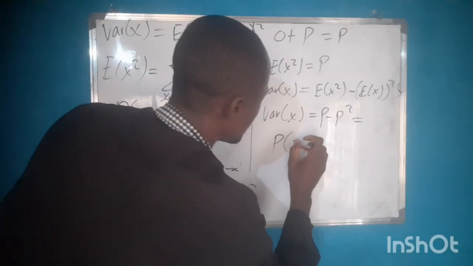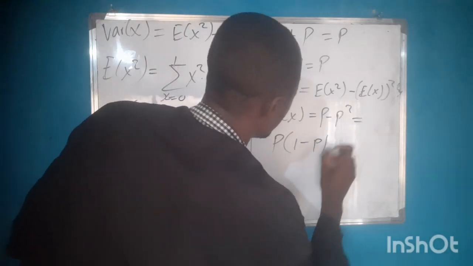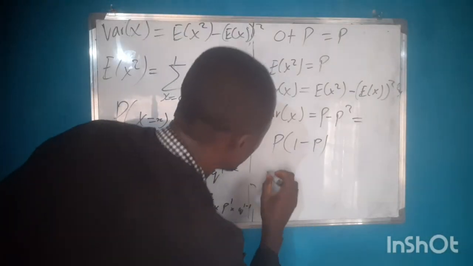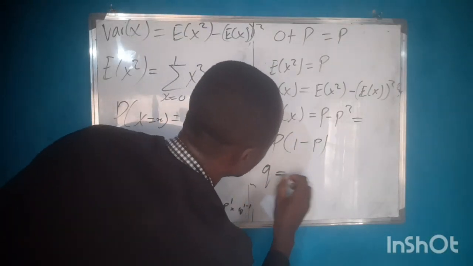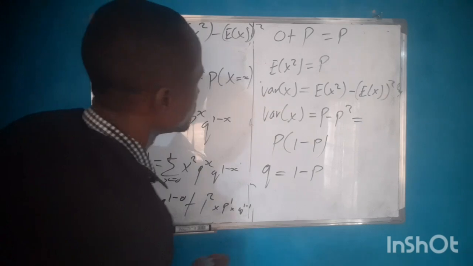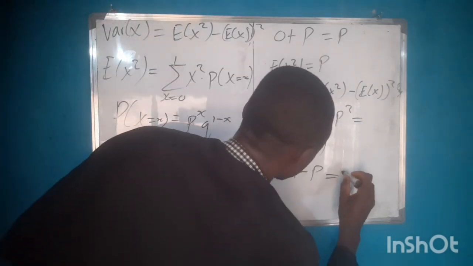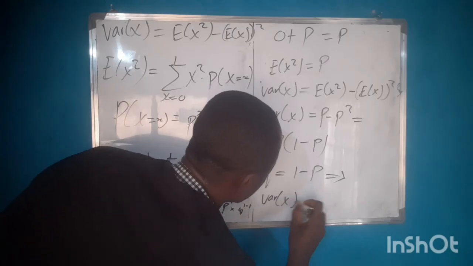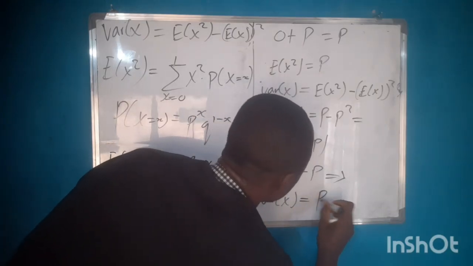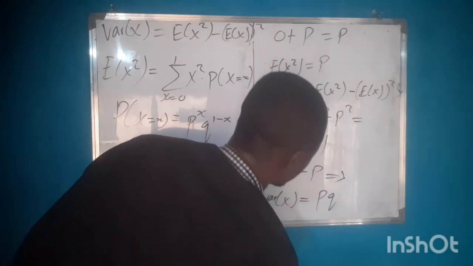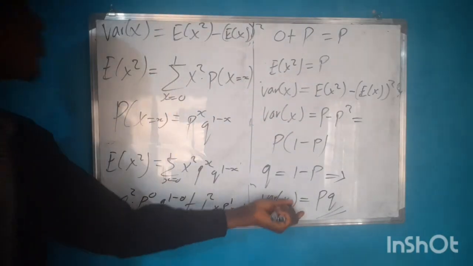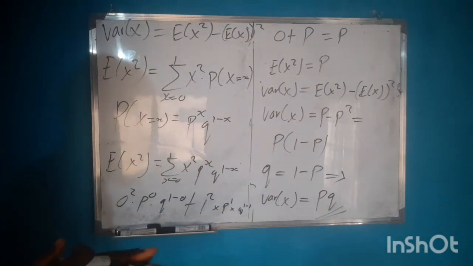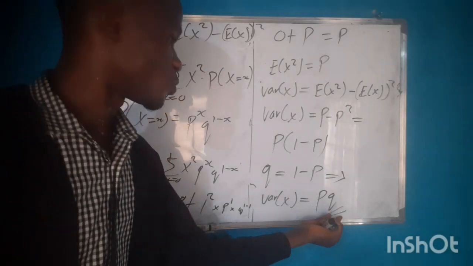This is equal to p bracket 1 minus p. And initially I defined q to be 1 minus p. So this implies that the variance of x is equal to pq. So we have shown that the variance of x for a Bernoulli distribution is equal to pq.